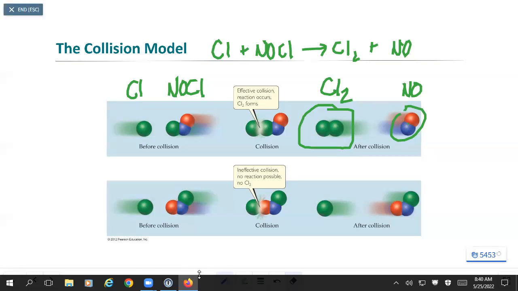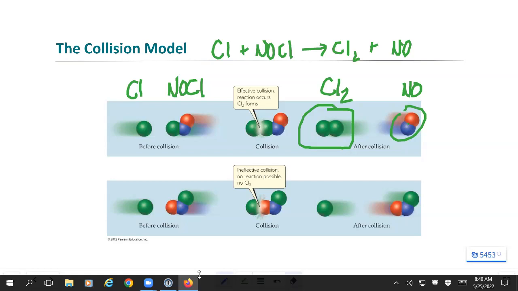But if that chlorine comes at it from the other side and collides with the oxygen instead of the other chlorine, even if we hit it with tons of energy, energy itself is not sufficient for the chemical reaction.